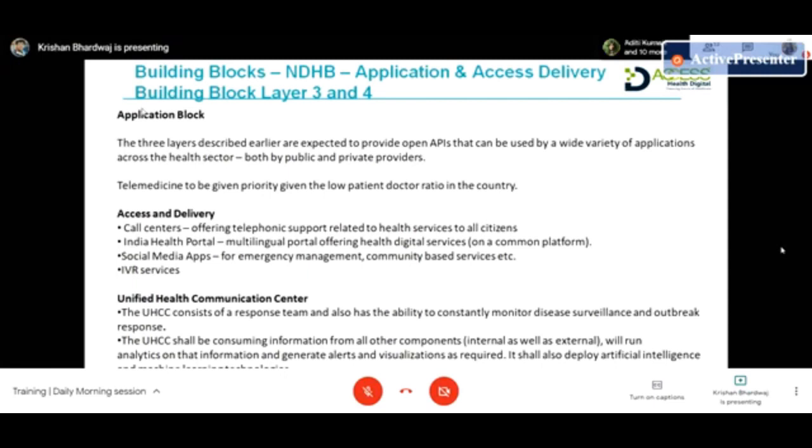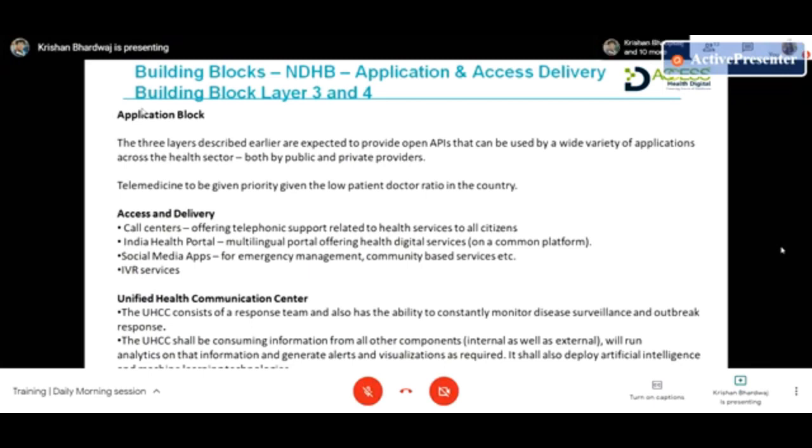So practically, we are already doing this in XSL. We have given the microservices designed to our SCA partners, and they are building different products using these application APIs. So that is the application block. Telemedicine, they are giving a priority given the low doctor-patient ratio in the country. So telemedicine should be a focus.